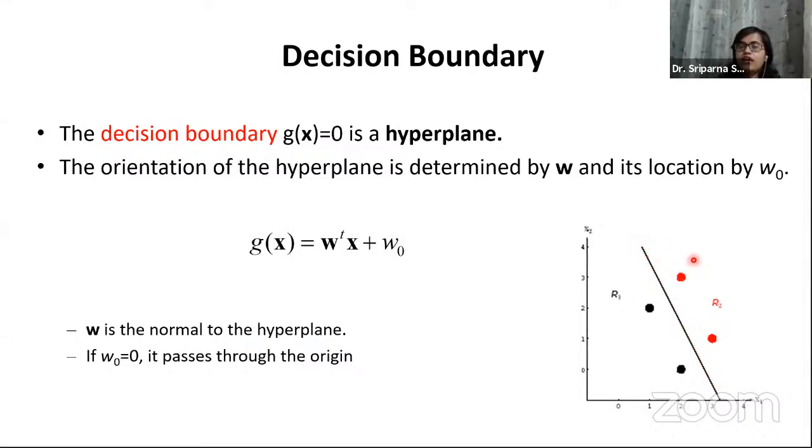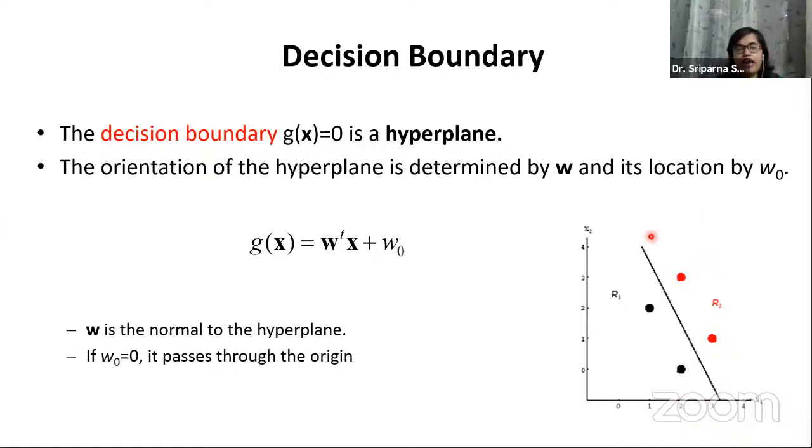Here you have two classes of data. One is the red class, the region R2. One is the black class, the region R1. These two classes of data can be plotted in the X1 and X2 region, so this is in two dimensions. We have plotted two classes of data, and in class 1 you have two data points, and in class 2 you again have two data points.